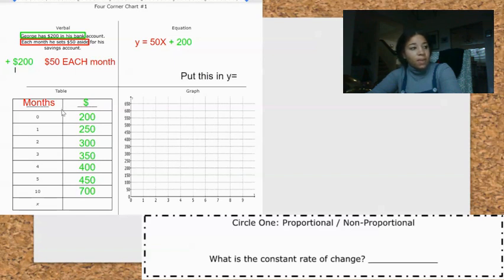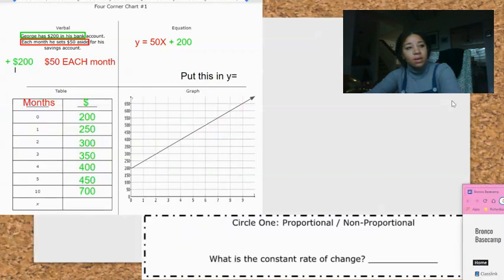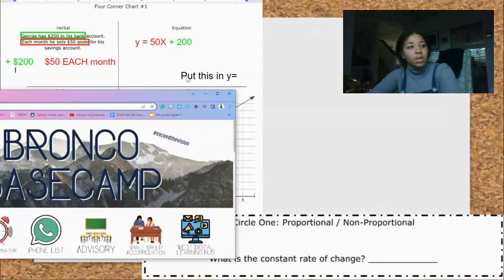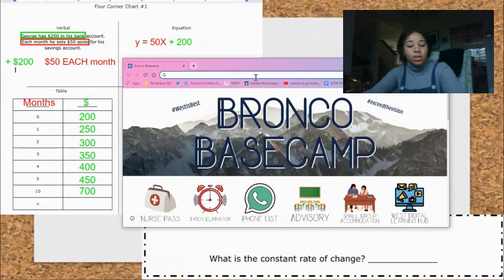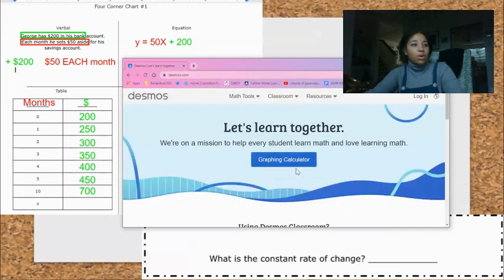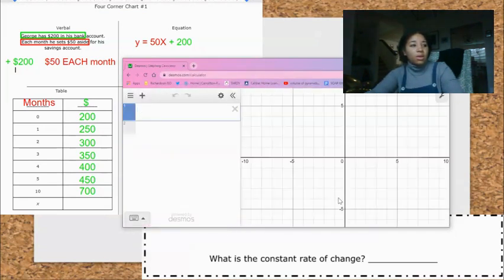Okay. So now we're going to graph this, and to graph it, I like to use the Desmos calculator. I'm going to go to Desmos, graphing calculator, and you're going to type 50x plus 200.